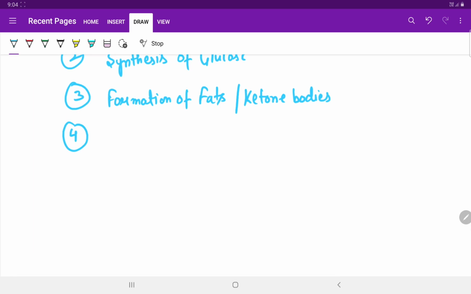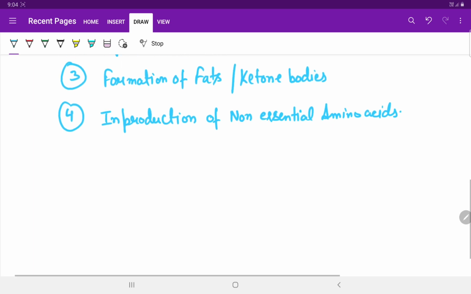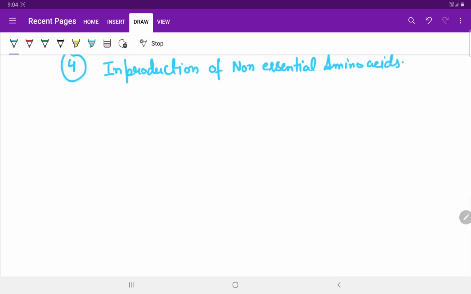And the last being in production of non-essential amino acids. So now let us see an overview of the amino acid metabolism, how this occurs.